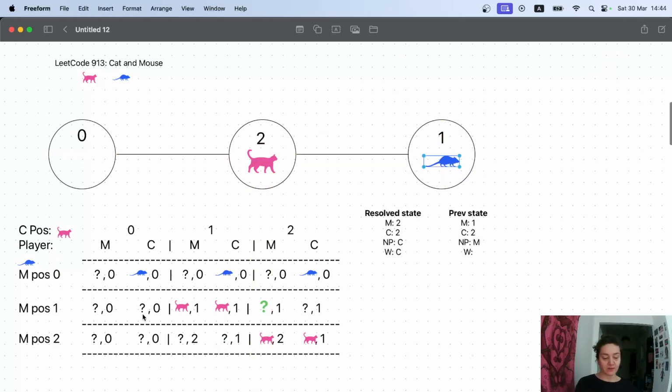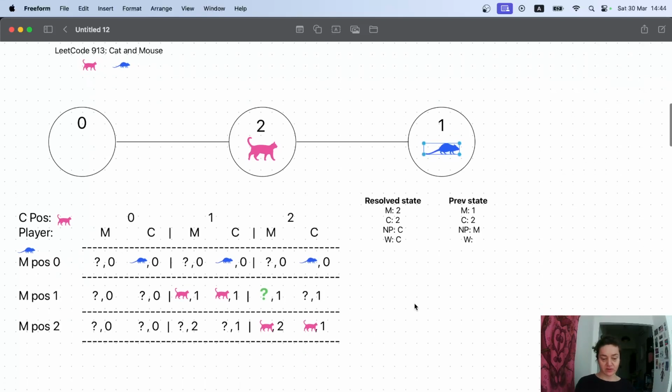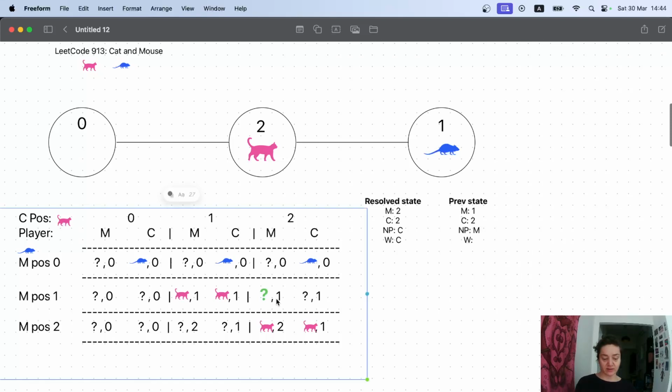So we decrement 1, and -1 has got us to 0. This means that there are no more move options for the mouse when he's at 1, cat at 2. He needs to move, and there are no more options to move to without losing.